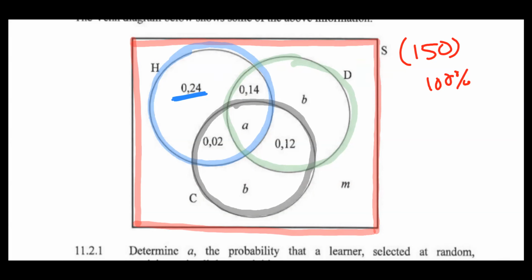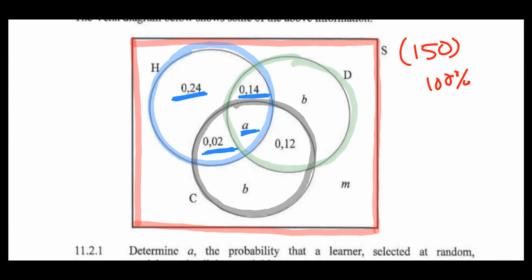Because this 0.02, they also play hockey. The 0.14, that's another group of people that play hockey. And the A value that is unknown at the moment is also more people that play hockey. However, they play other sports as well. For example, the 0.02, they play chess as well.